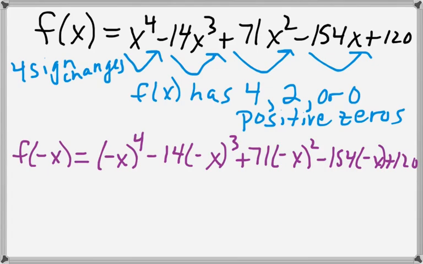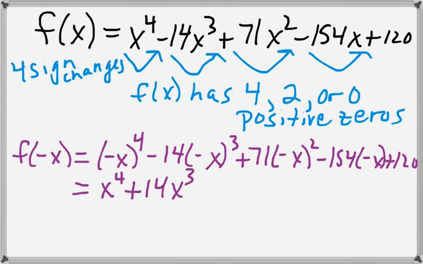Once we've done that, we need to simplify things so we know whether the terms are positive or negative. If we raise something negative to an even exponent, it's going to come out positive. So that first term is positive x to the fourth. But if we raise something negative to an odd exponent, it's going to be negative. So that negative x cubed comes out negative, and then we multiply that by the negative 14 that's there.